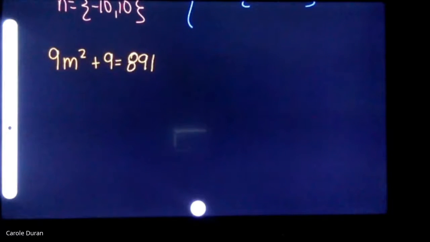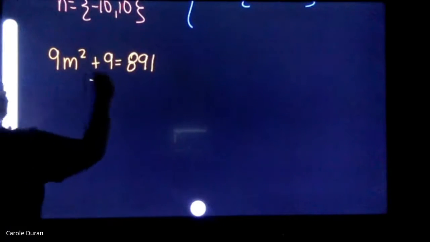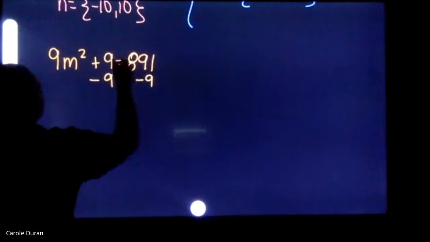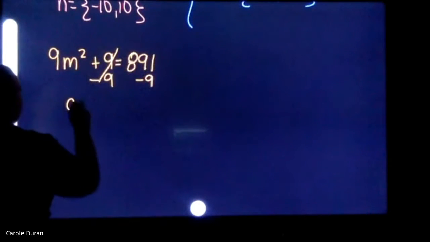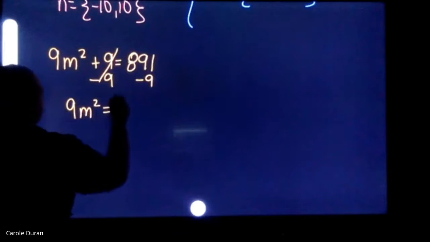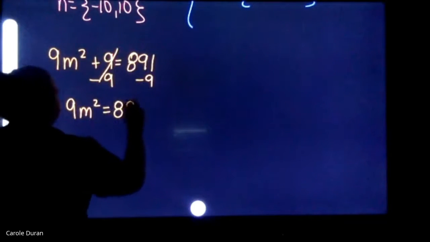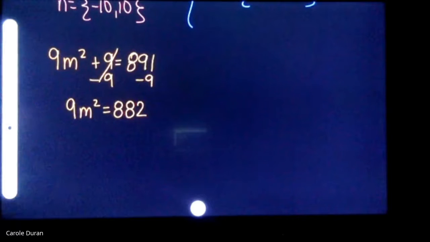My goal is still the same. I want to get the m by itself. First thing I need to do is subtract this 9 over. When I do that, I get 9m squared equals 882. I know that's a big number, so you're more than welcome to use a calculator to find that.